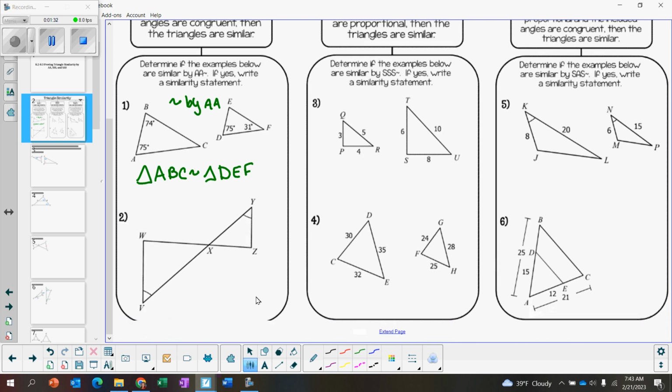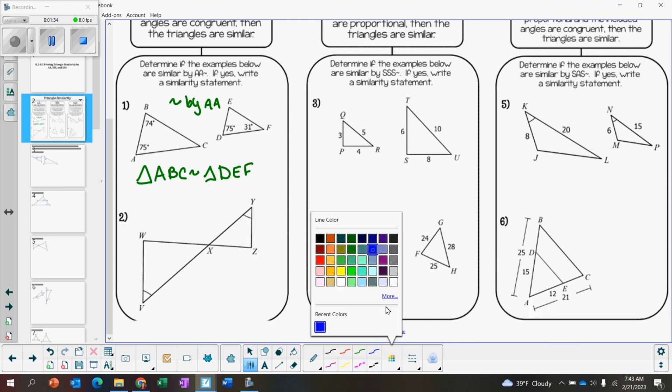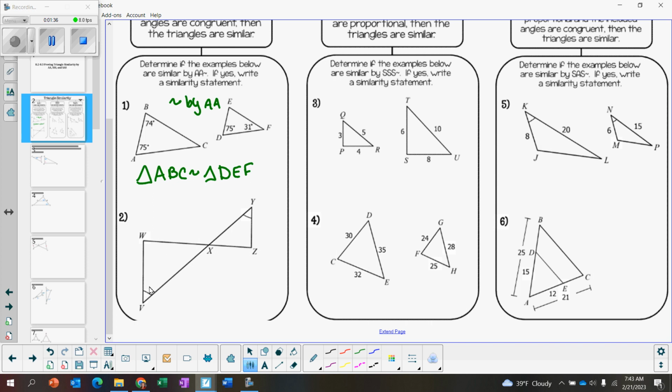All right, in the second picture, angles V and Y are already congruent, and I also have vertical angles that are congruent. So these are also similar by AA. We could say triangle VXW is similar to, so V had 1, Y has 1, X, Z.